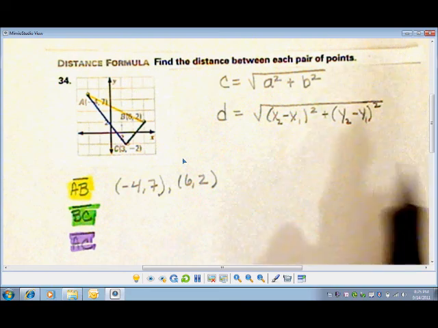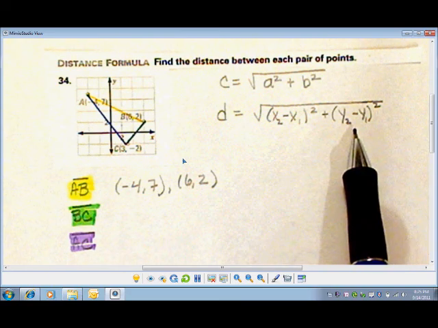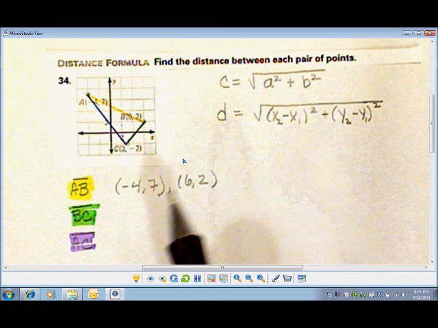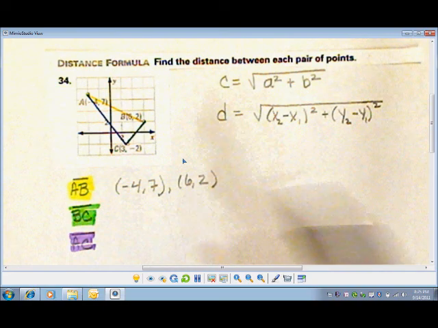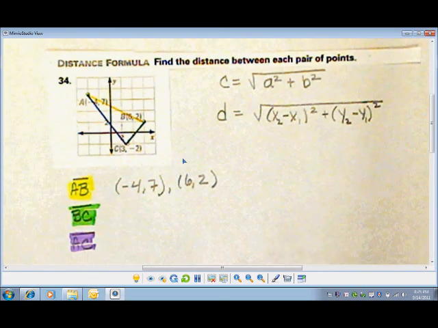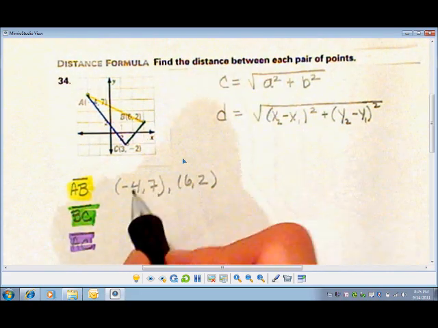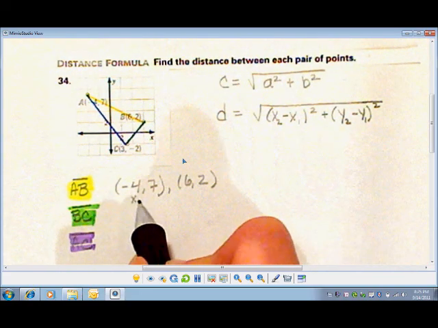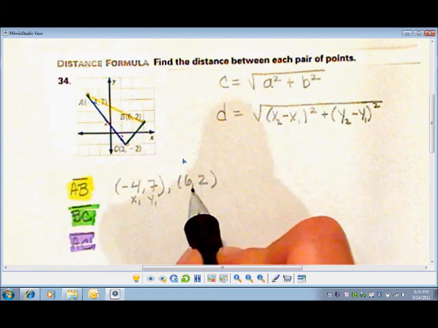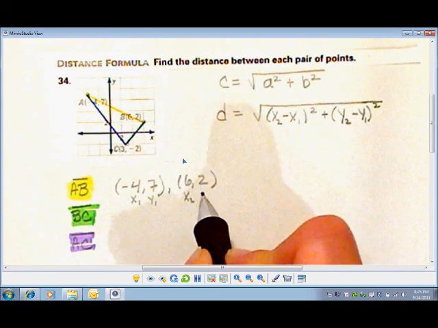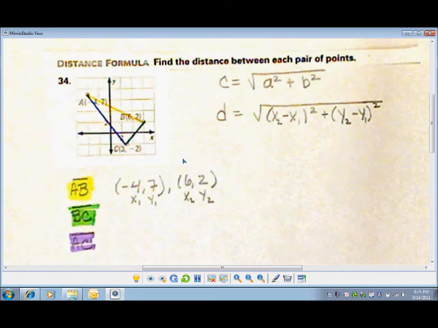So using the distance formula, I am going to substitute in my points. Before I substitute in my x and my y, I want to make sure I don't get confused. So I'm just going to label this x1, y1, and this one x2, y2. If you do that every time, it will keep your brain from getting confused.